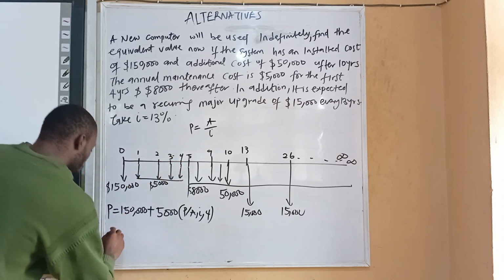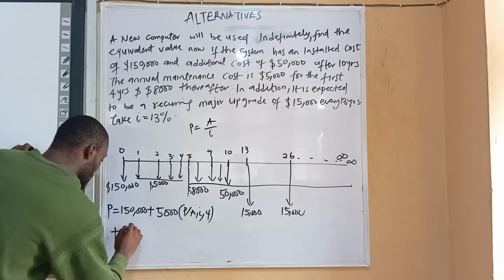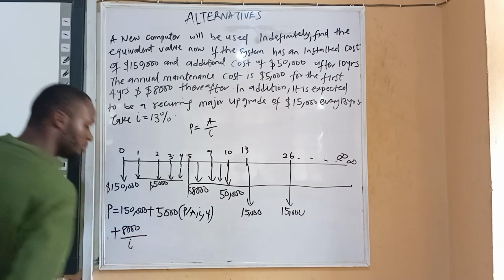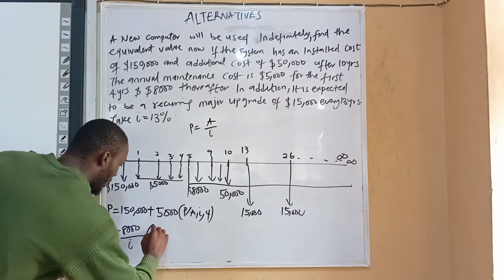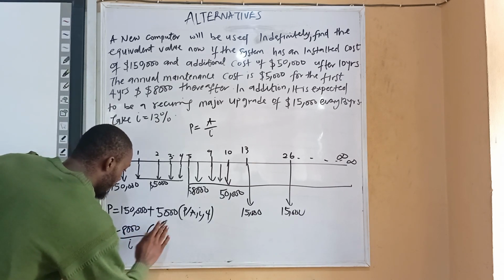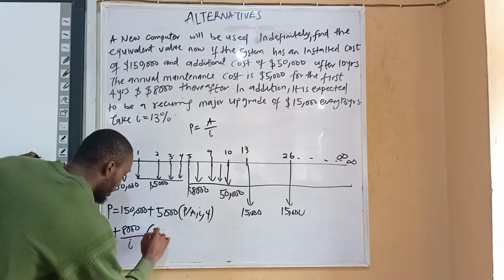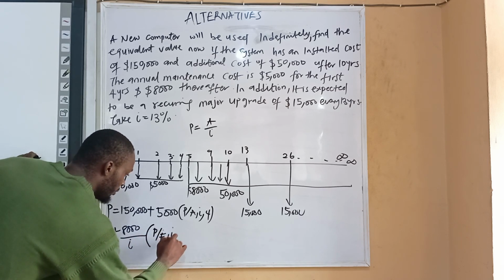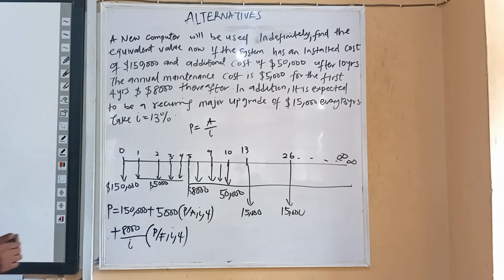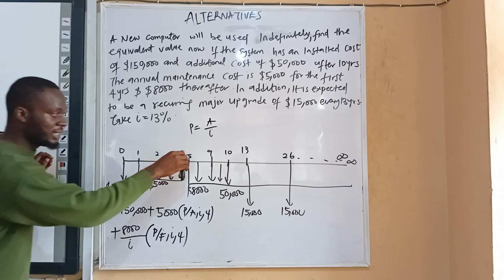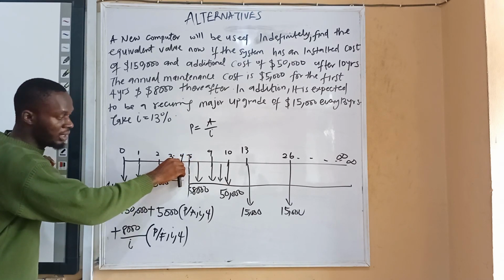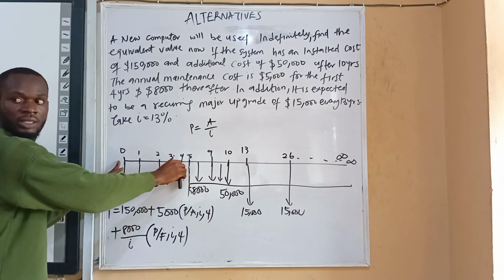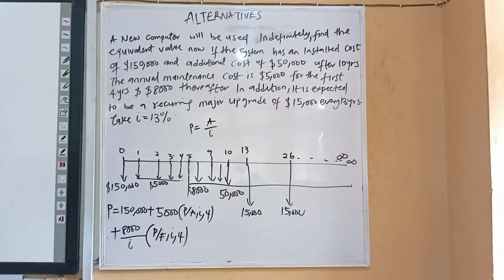So we now do plus 8,000 over i. That value now becomes our future, finding the present given future for 4 years. Do you know it's 4 years? It is at 5, isn't it? We took it to 0. If you count from it to 0, you get 4 years. That's how you get here.